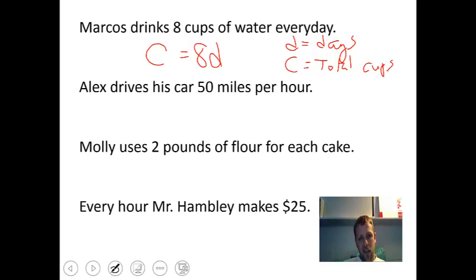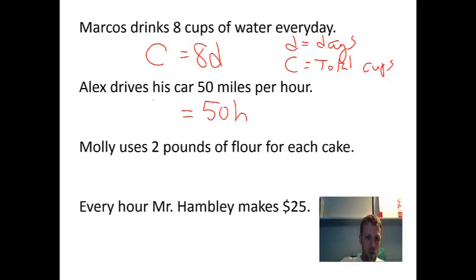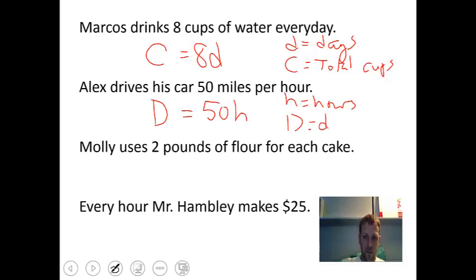All right? Alex drives his car 50 miles per hour. Well, it constantly happens. He drives his car 50 miles per hour. And that's the total distance he drives. So H would be the hours, and D would be the distance.